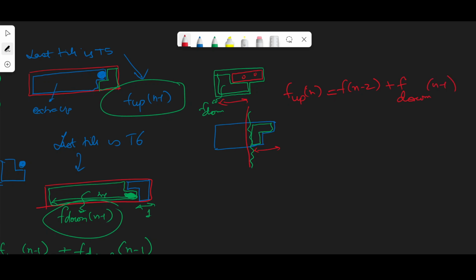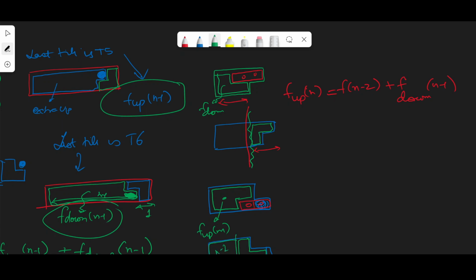And similarly, let's do our F down. So this is your F down, that means one extra down here. And to be able to do that, there are again two options. One is you take a horizontal domino, that means the other part is this, which is F up, right? So this is F up of n minus 1. Or the other way to do this would be, you have this, and to achieve this you would actually take this kind of tromino, and the remaining bit is just perfect n minus 2, right?